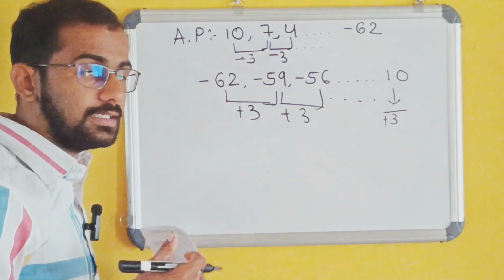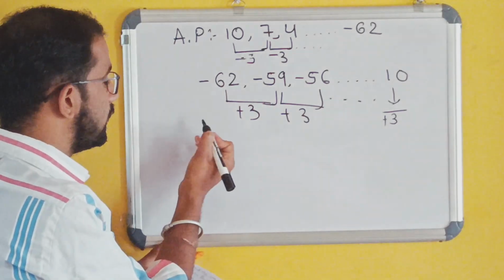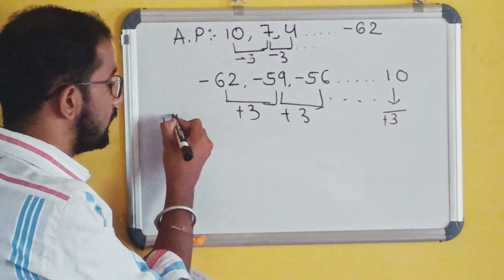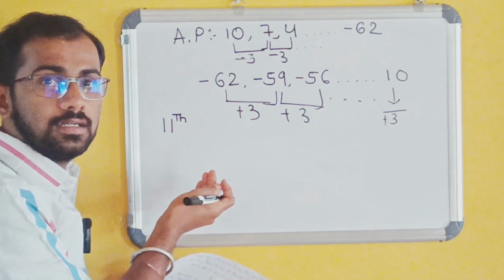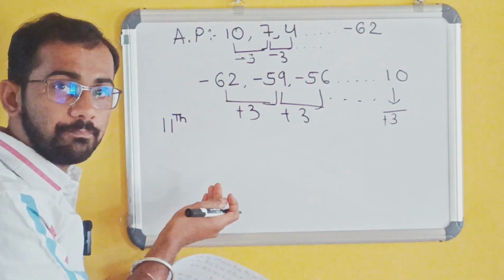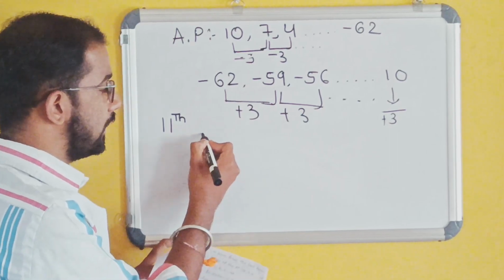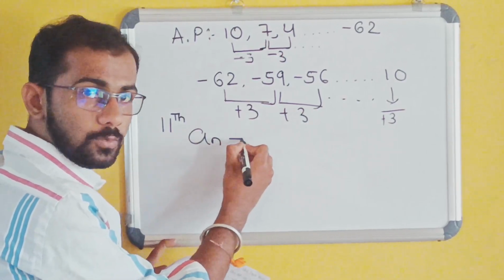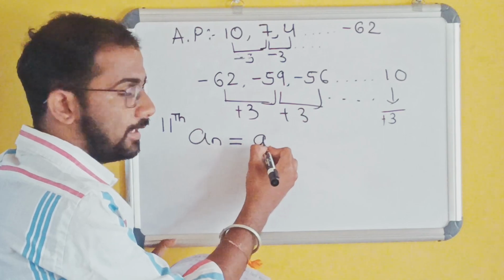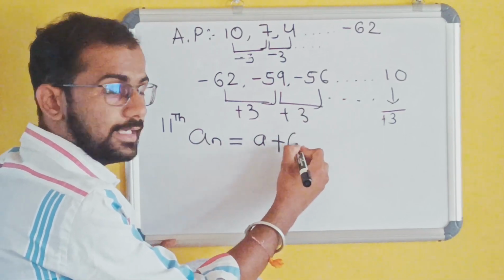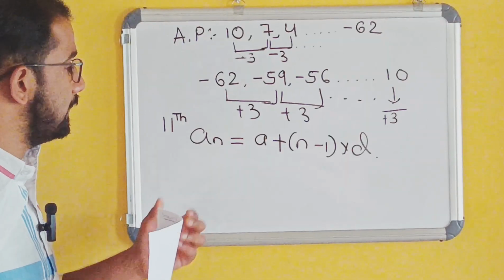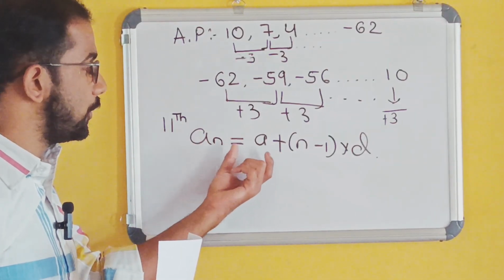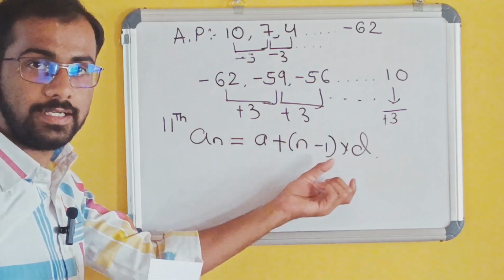Then the second step is to find the 11th term. How do we find it? Consider the nth term of the AP. What is the nth term? a_n equals a plus (n minus 1) into d.